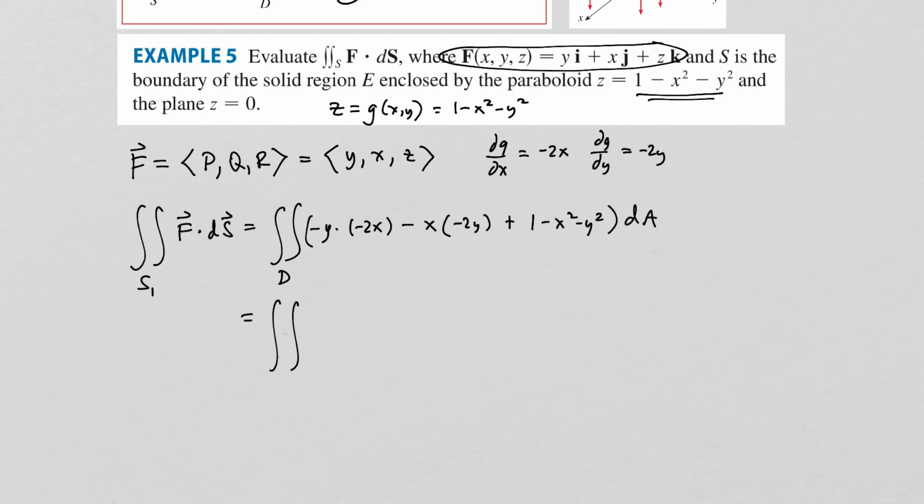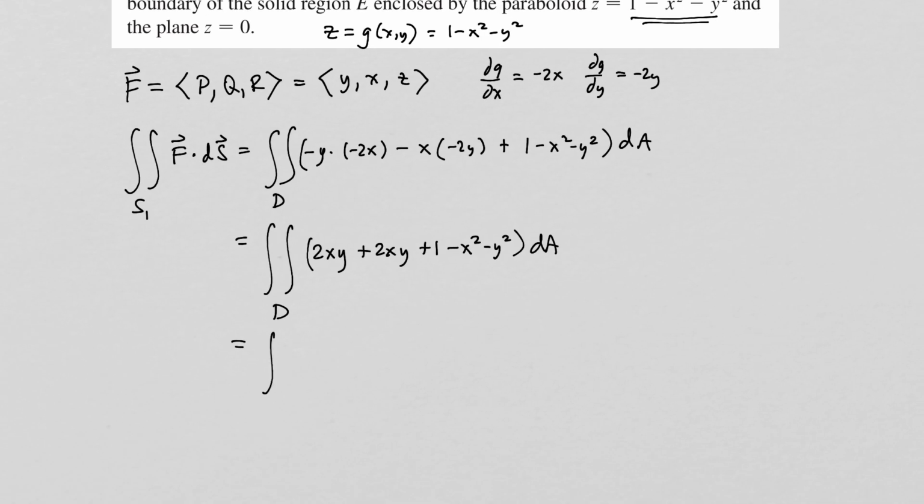We have the double integral of 2xy plus 2xy plus 1 minus x squared minus y squared dA over our region D. Cleaning it up a little bit more, this is the double integral over D of 1 plus 4xy minus x squared minus y squared dA.